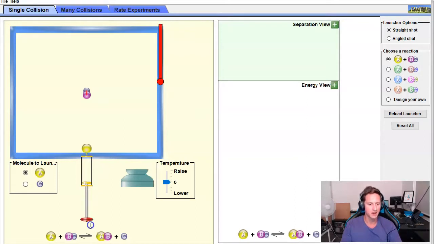So let's just go max, we'll go halfway here. So you can see the particles are pinballing each other. So at the moment here, is there a reaction happening? No, there's not. I guess the particles are colliding, but we don't actually see the formation of product there. So that is an observation that we might have.